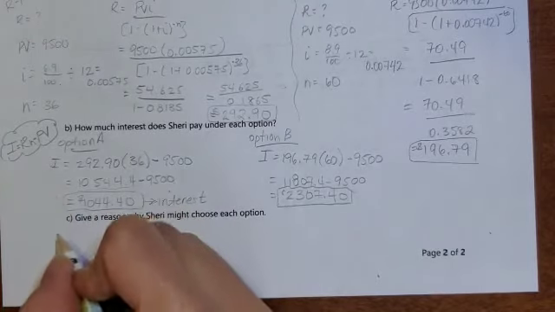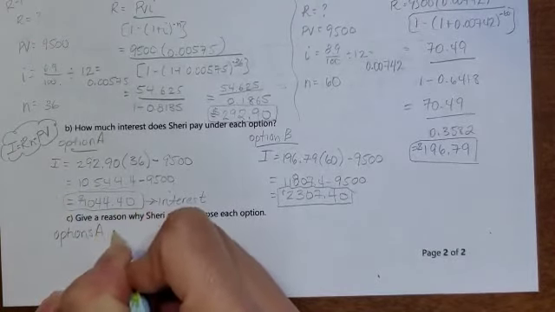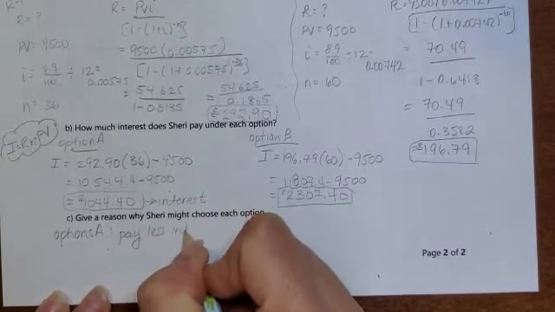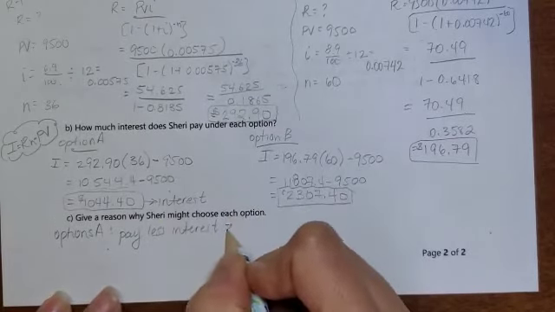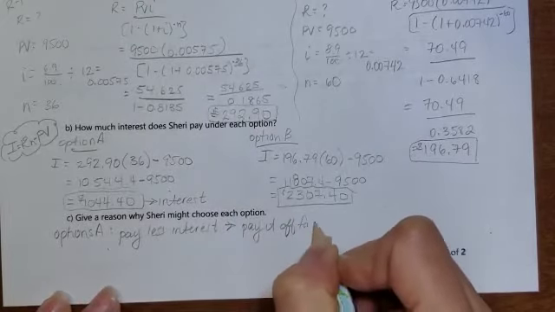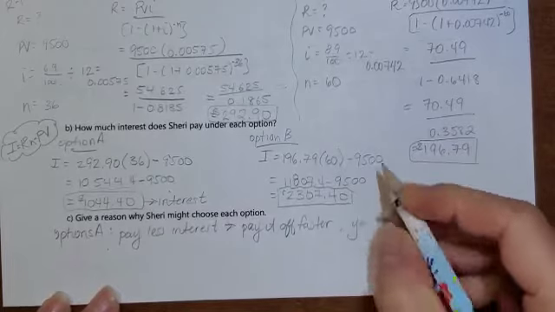So that would be options for A. Pay less interest. Pay it off faster. And you can make larger monthly payments.